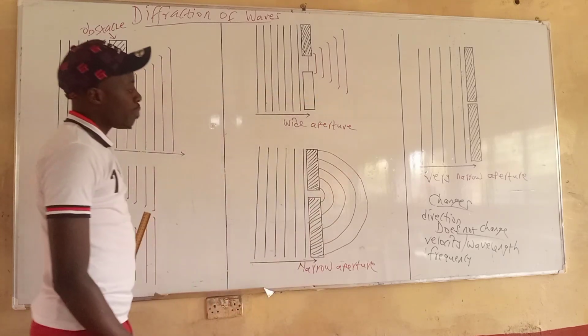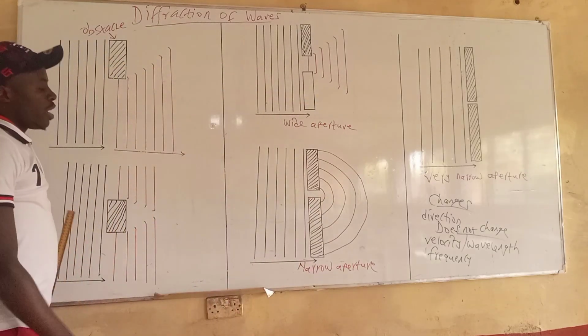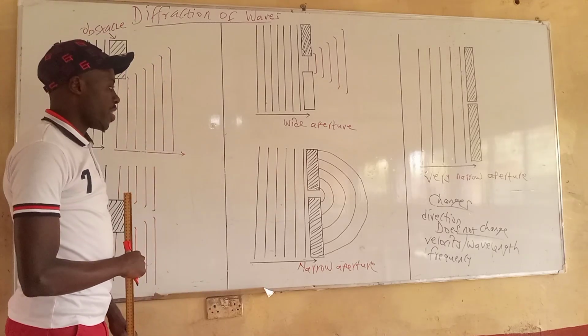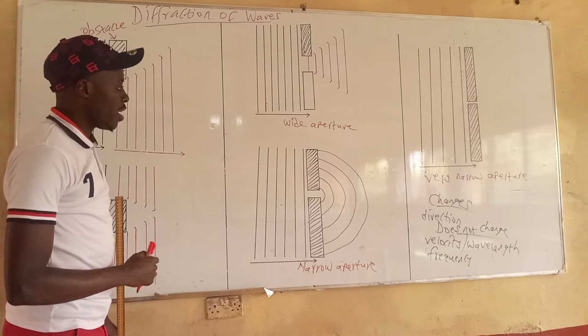So that is how those waves pass through the aperture, because the aperture is less than the wavelength.